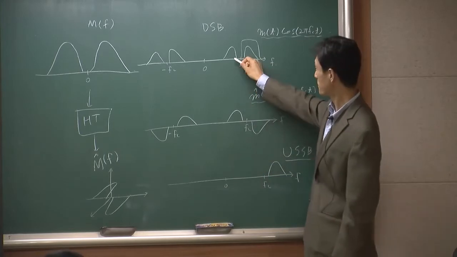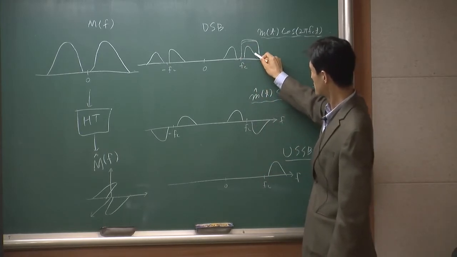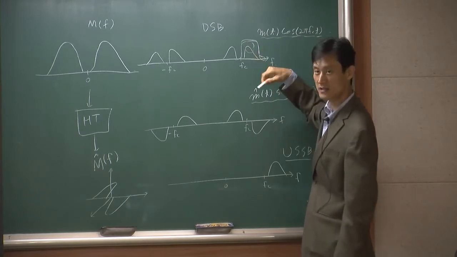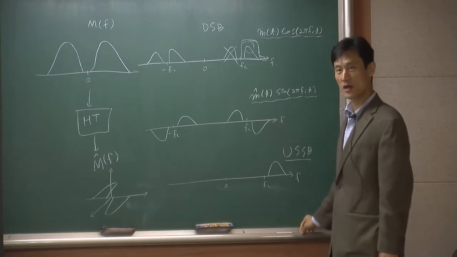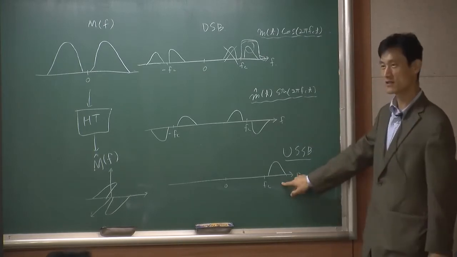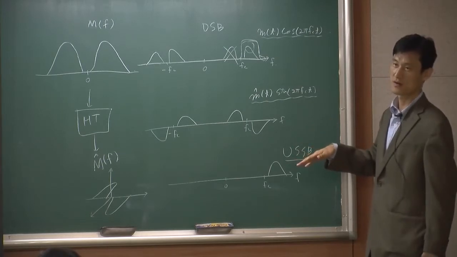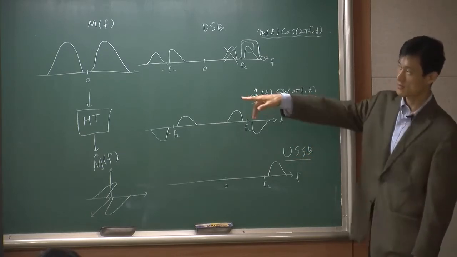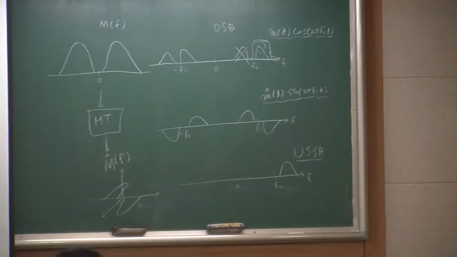When you put the bandpass filter like this, this band will pass, the other band will be blocked. So you're going to get this, right? That's what you're seeing here in the frequency discrimination method.